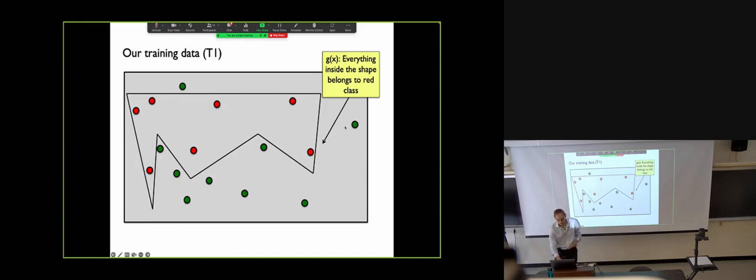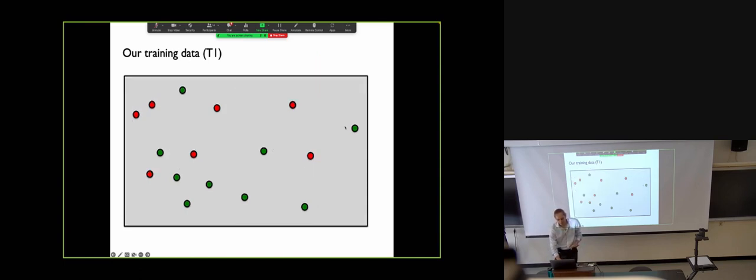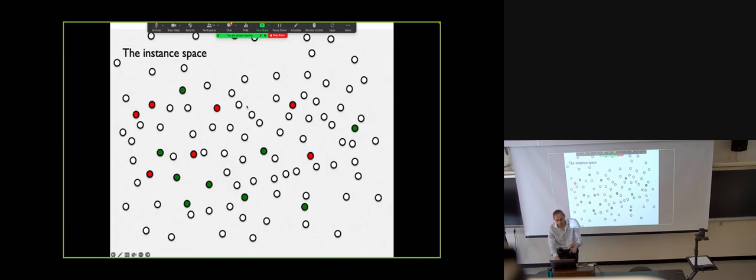We learn this model. Now, what really happens in reality, that we have to be aware of, is that this data set that we collected comes from a much larger instance space. So there's actually many more points in practice that we haven't collected. So for example, we do a population study and we only choose 100 people, so we have 100 data points, but there's many more millions of people in the United States, for example, in the world, billions.